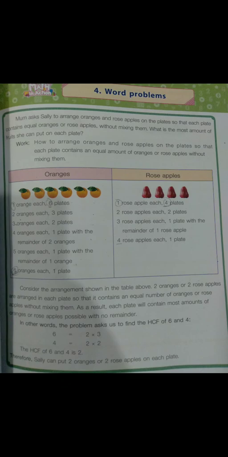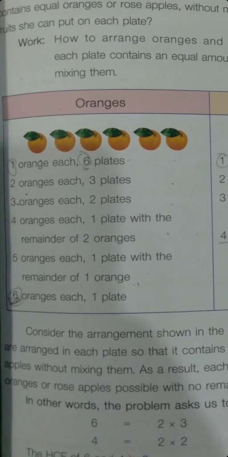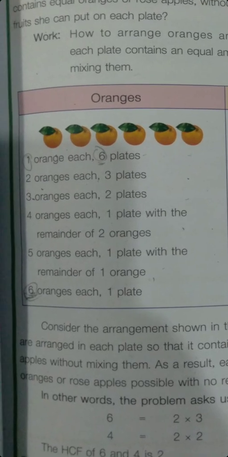Okay, so here, oranges. One orange each is 6 plates. 2 oranges each is 3 plates. 3 oranges each is 2 plates. 4 oranges each is 1 plate with the remainder of 2 oranges.